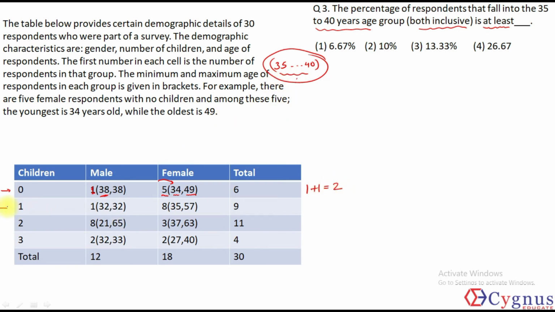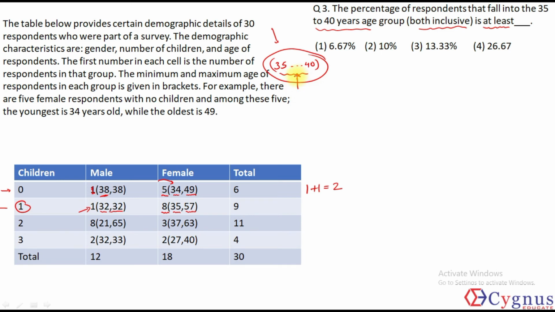If you look at the second row, 1 child. How many such males are there? 1. So minimum and maximum both the ages are equal. So this man must be 32 years old. It does not belong to this range. Leave it. 8 females are there. Their minimum age is 35 and maximum is 57. What do you want? You want them to belong to this category?